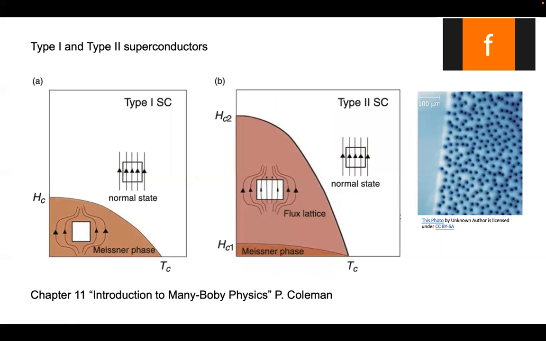About this slide, depending on the region, the resistivity of the sample will change also, right? Of course, yes. I don't have a specific phase diagram for resistivity here, but yes, of course.